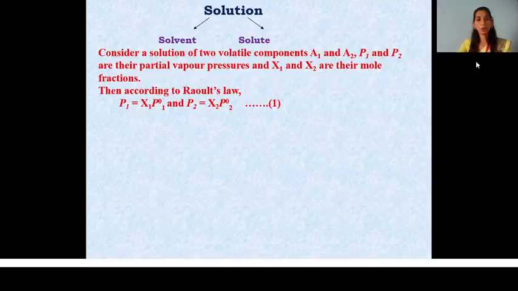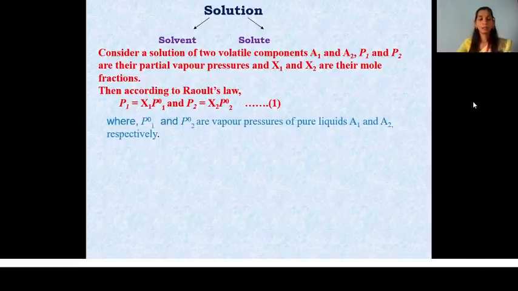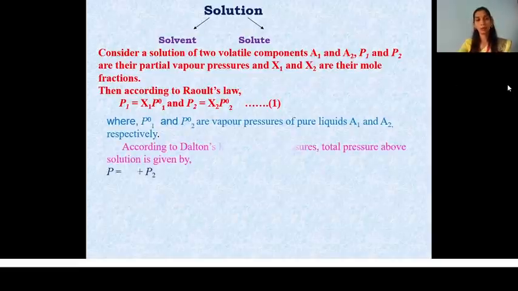According to Raoult's law, the partial vapor pressure of A1 is equal to X1 into P01, and P2, the partial vapor pressure of A2, is X2 P02. P01 and P02 are the vapor pressures of the pure liquids A1 and A2.